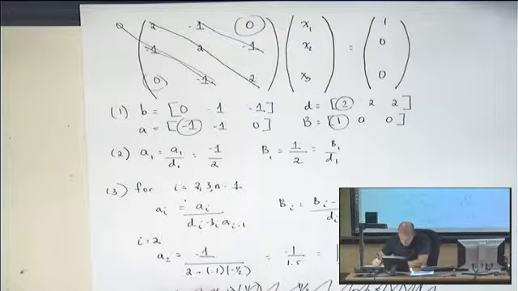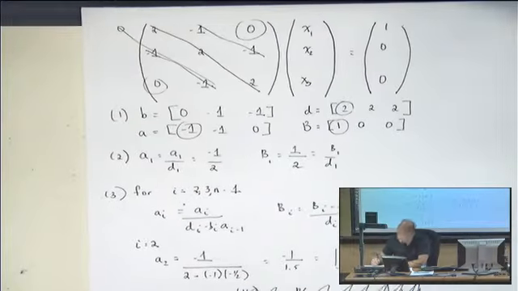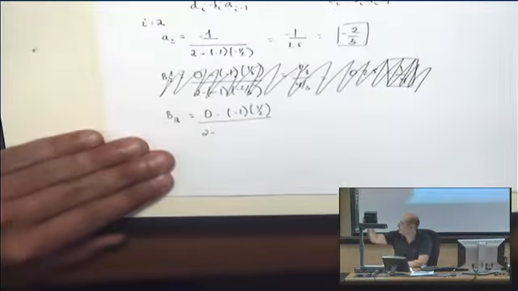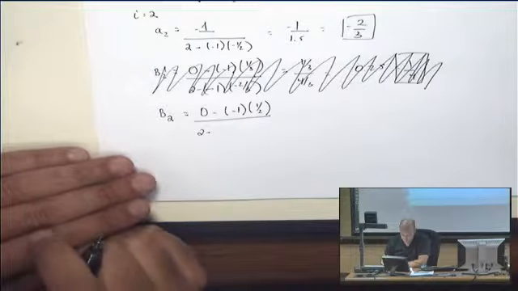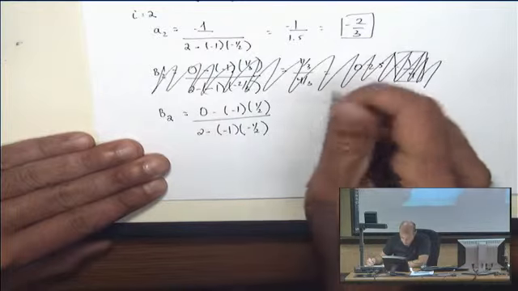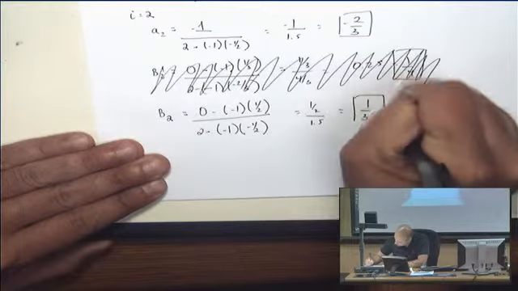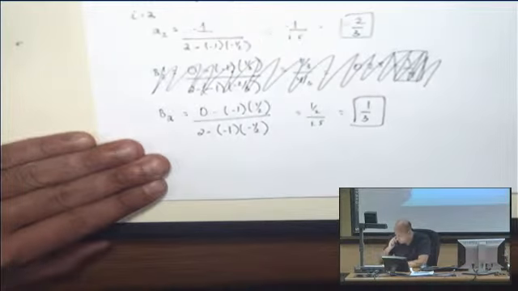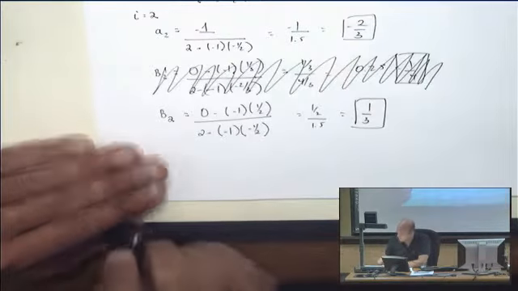B2 should be 0 minus negative 1 times 1/2, times 2 minus negative 1 minus 1/2, which is 1/3. All right, so we got A2 and B2. So basically, these are replacing what I had before for A2 and B2, right?